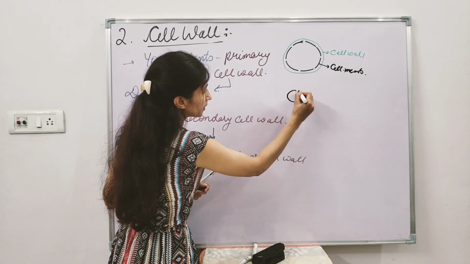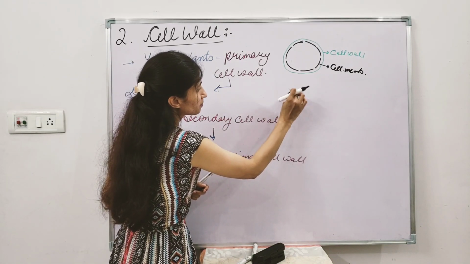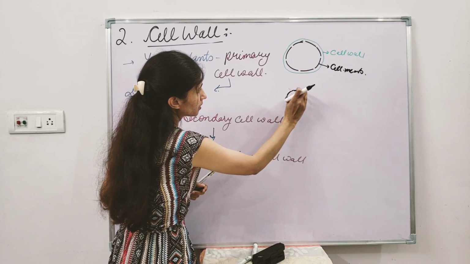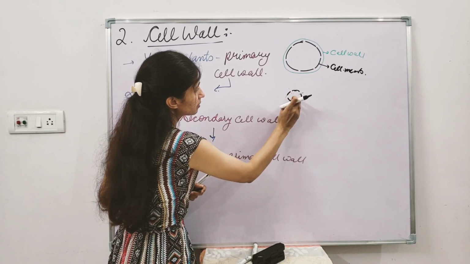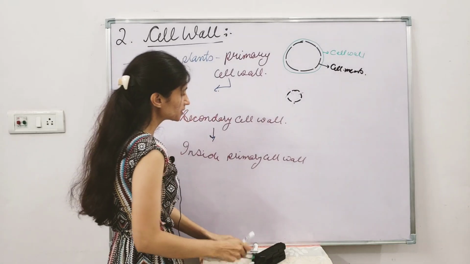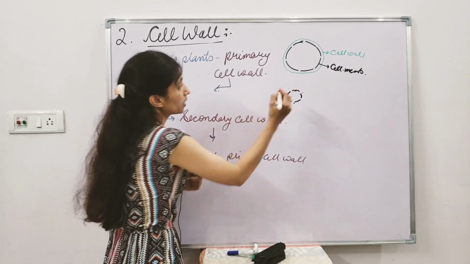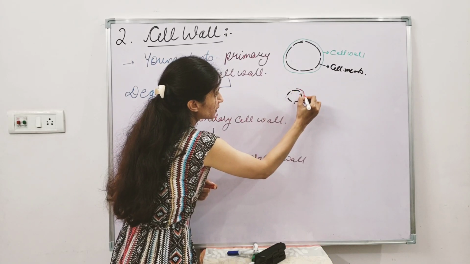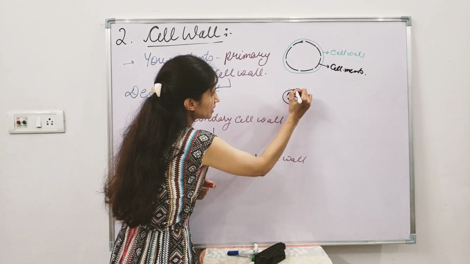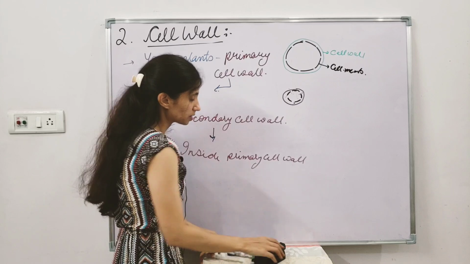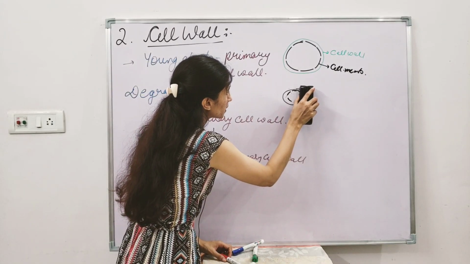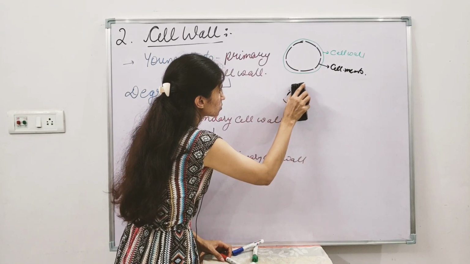This is the cell membrane of a young cell. This is the cell wall of your young cell. Now what happens? I'm making the structure of the primary cell wall with red color. So this is your primary cell wall in the young plants. It is like this. Now I make it a bit bigger so that we can make a secondary cell wall also.